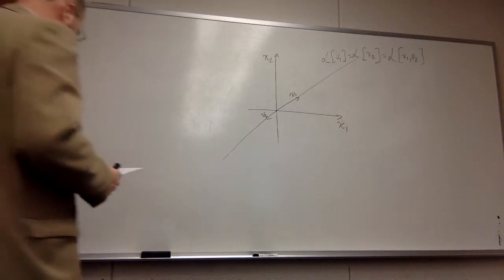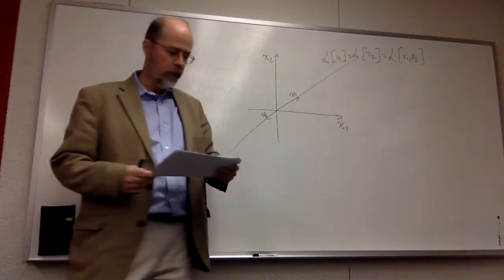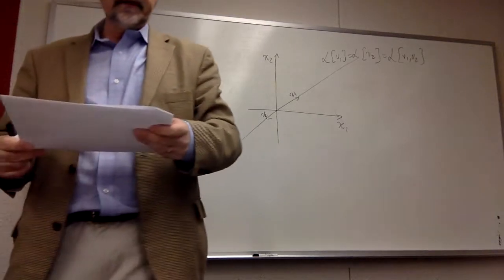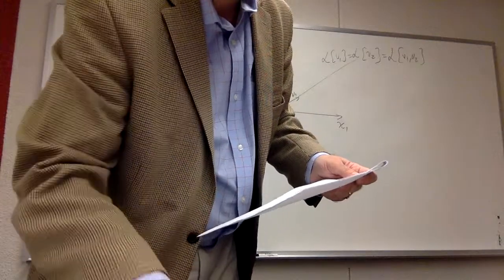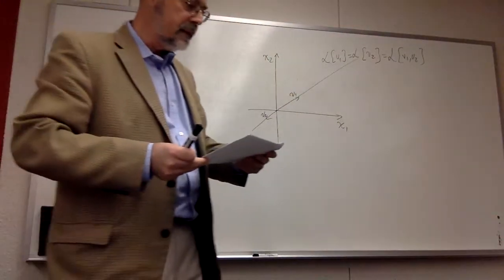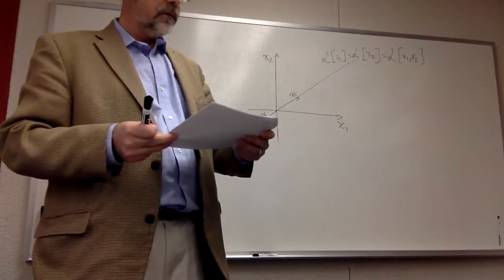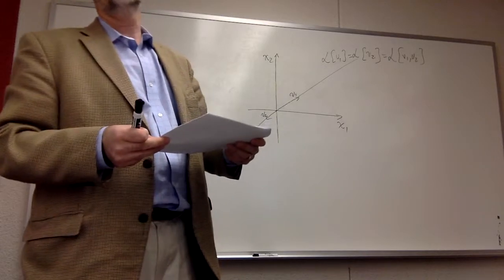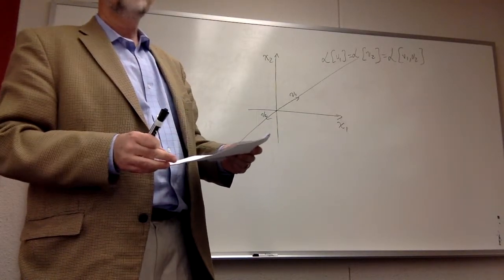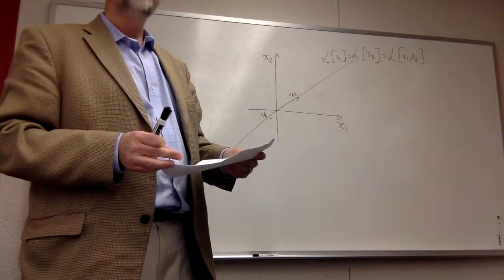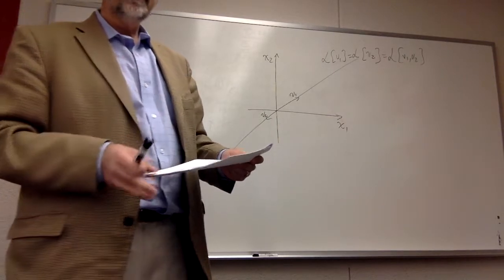Suppose that you have v1 and v2, two vectors in Rn. The vectors v1 and v2 are linearly dependent if there exist real numbers c1 and c2, not both of them equal to 0, such that c1 v1 plus c2 v2 is 0. Let's understand this.